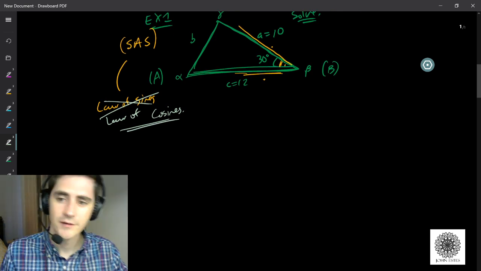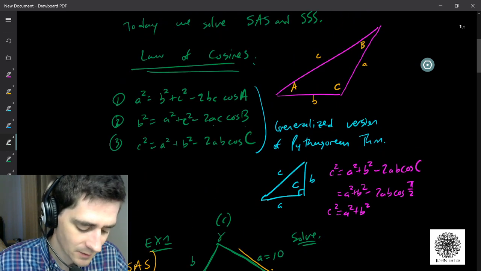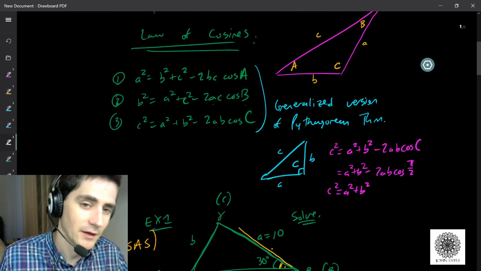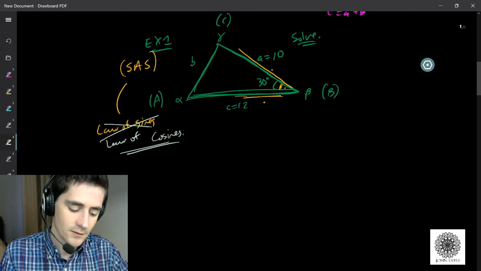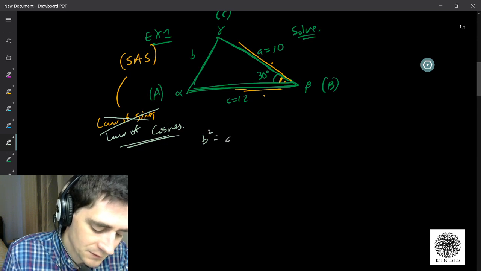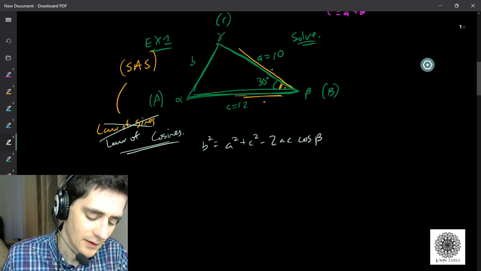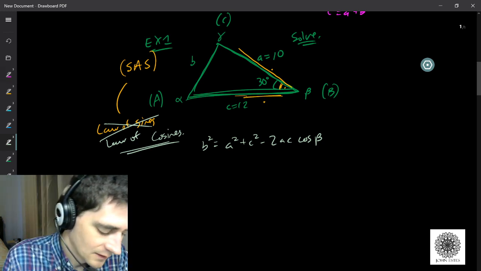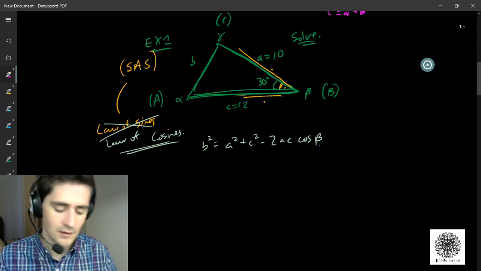Now I just need to pick which version of law of cosines to use, based upon what angle you're given. I'm given angle beta, or angle B, so that's the one I'm going to go with. Here I want b squared equals a squared plus c squared minus 2ac cosine beta. Notice I already know a, c, and angle b, so this is perfect.